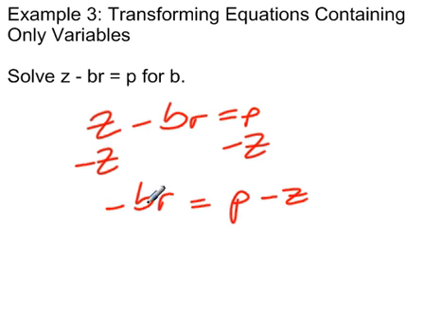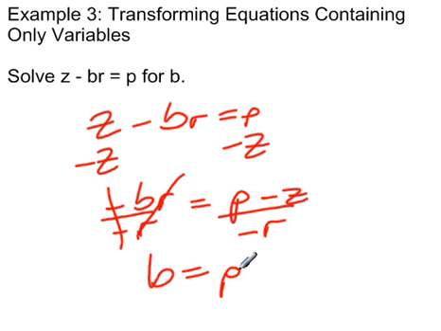Okay, now if I want b by itself, that means I also don't want that negative. So if I've got b times r, I need to divide by r, but don't forget to divide by that negative as well. Okay, so we can get rid of that. So that r's gone, that negative's gone. Divide the other side by the same thing. Okay, we're left with b equals p minus z divided by negative r.